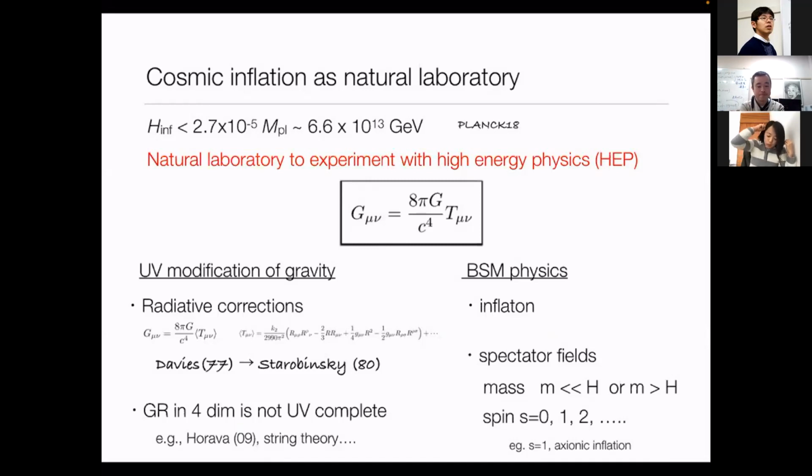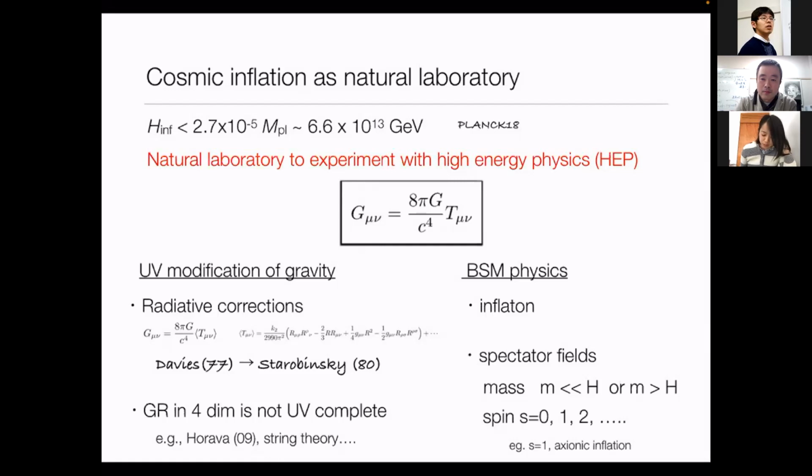For instance, here is the Einstein equation, but in the UV, gravity has to be modified to be complete. One of the promising candidates is string theory, and the low energy effective field theory of string theory predicts a bunch of radiative corrections. UV completion might also be achieved in a completely different way, for instance by breaking Lorentz symmetry, as was suggested by Horava.